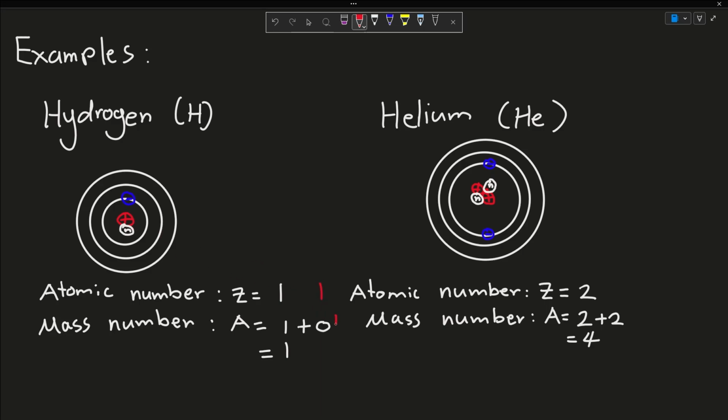However, if I just draw a dotted line here quickly, our mass number would be 1 proton plus 1 neutron. So our mass number would actually be equal to 2. Hopefully this makes sense. So this sums up our first point because we have now discriminated between the terms atomic number, mass number, and the isotopes of an element.